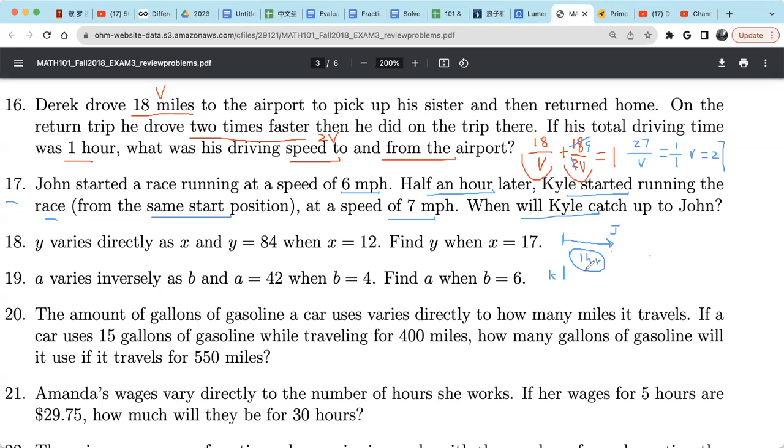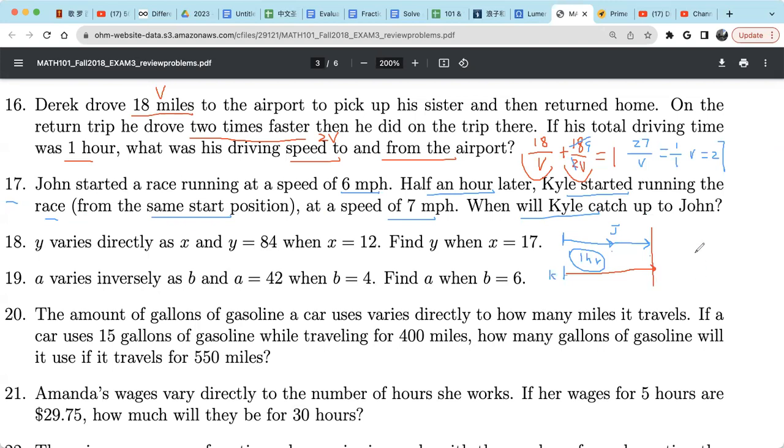Just imagine, Kyle, let me use red color. Kyle started late, but Kyle goes faster. So at a certain point, he catches up with John, even though John started earlier, because his speed is slower. So when Kyle catches up with John, that means they traveled the same distance.